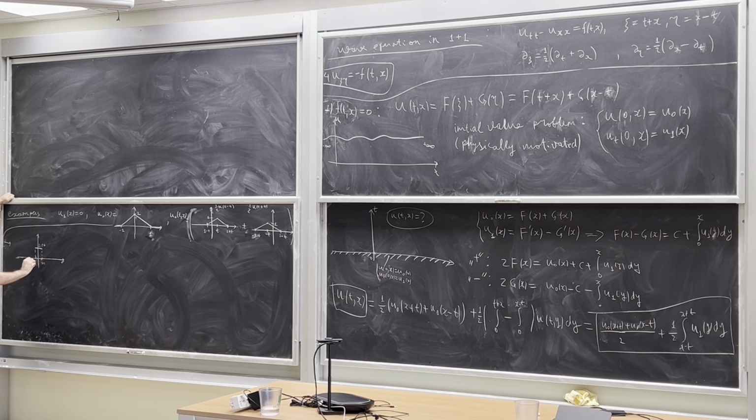Oh, no, sorry, it is t and minus t, and here we have 1 plus t and 1 minus t. So then this function evolves further.